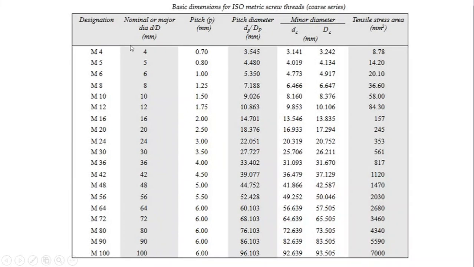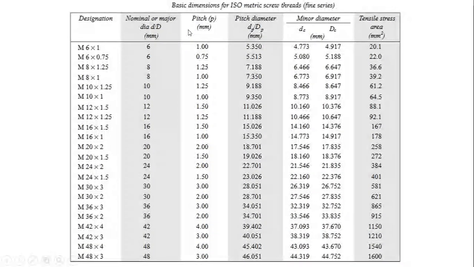Here for M4, the nominal (major) diameter is 4, the pitch is 0.7 and the pitch diameter is 3.545. Minor diameter or core diameter is 3.141 and the tensile stress area is 8.78. This is the basic dimension of isometric screw thread in the coarse series.